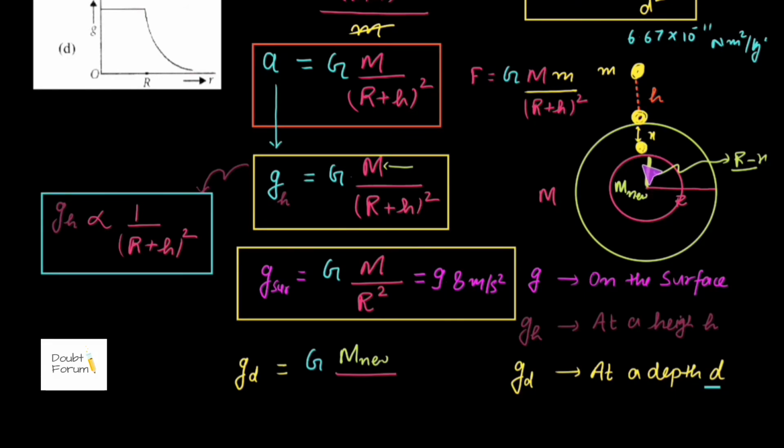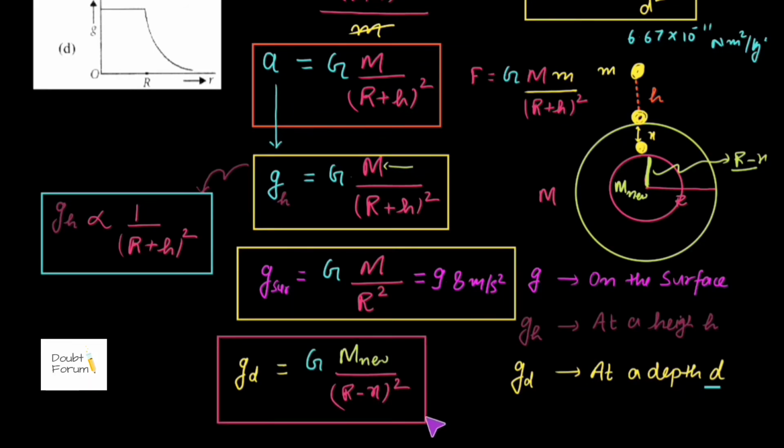Here the distance between the objects is r minus x, because r minus x is the radius of this smaller sphere. So in place of the distance, I have to write r minus x whole square. This formula is very useful for finding the acceleration due to gravity as we move inside the Earth. The concept I have already explained.